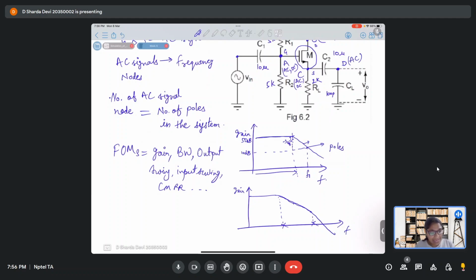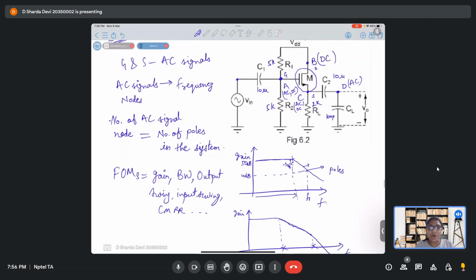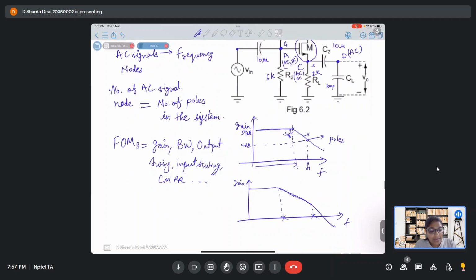So एक circuit का, it is very important to find out what are the poles. First of all, how many number of poles are there? Okay. After that, what are the values of those poles? And the smallest pole will have the largest impact.